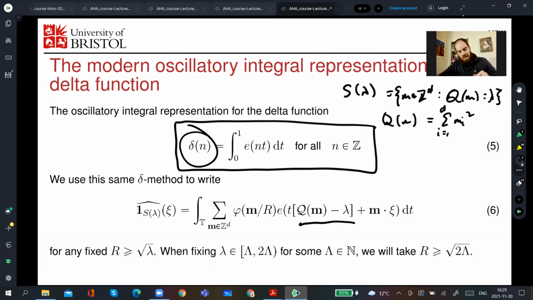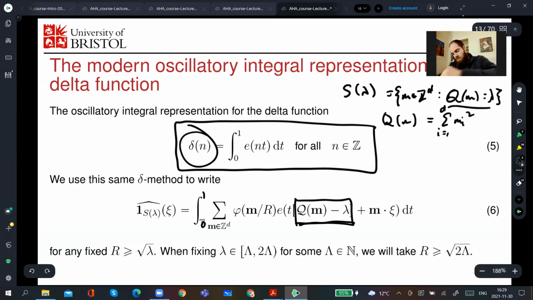Okay, so integrating from 0 to 1 here, or as I've done over the torus, any window of length 1, we'll pick out when this condition right here is 0, which is equivalent to, of course, just Q of m being equal to lambda.